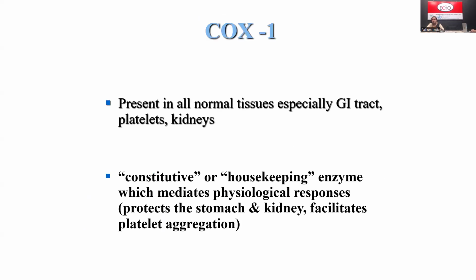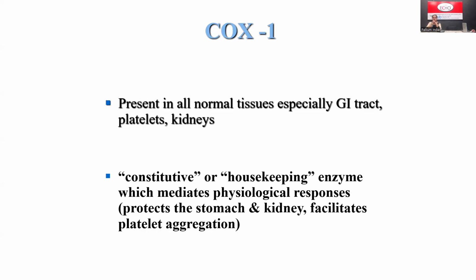So there are 2 isoforms of the COX enzymes, COX-1 and COX-2. COX-1 is present in all normal tissues, especially the GI tract, platelets, kidneys, and so on. This COX-1 has a housekeeping or constitutive action, which mediates physiological responses, protects the stomach and kidney, and facilitates platelet aggregation. So this COX-1 inhibition is actually not preferable. Why? That is a protective action.